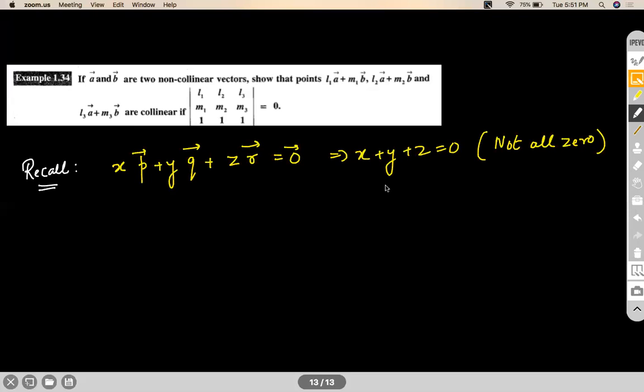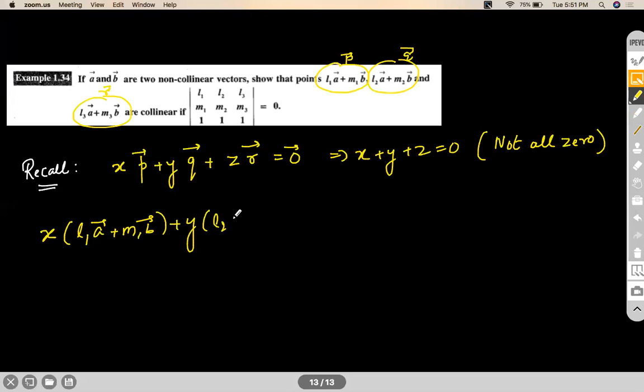Now, how will this help us to solve this question? Let us see. So this is your, let's say, P. This is your Q. And this is your R. So when you write it like this, you're going to write x(L1A plus M1B) plus y(L2A plus M2B) plus z(L3A plus M3B) equal to null.